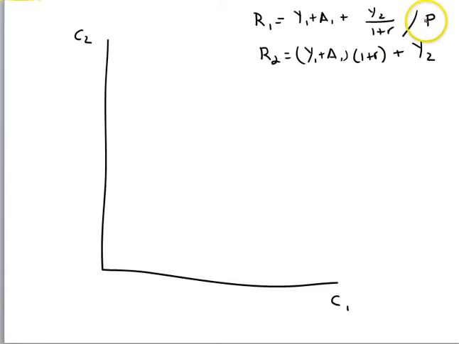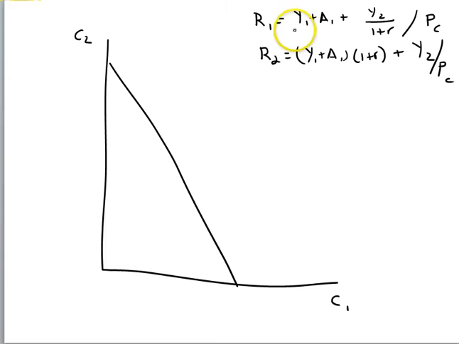And if we divide both of those over prices, you will get the budget line, or the maximum amount you can consume in year 1 and in year 2. So what happens if income were to increase either here in year 1 or here in year 2?